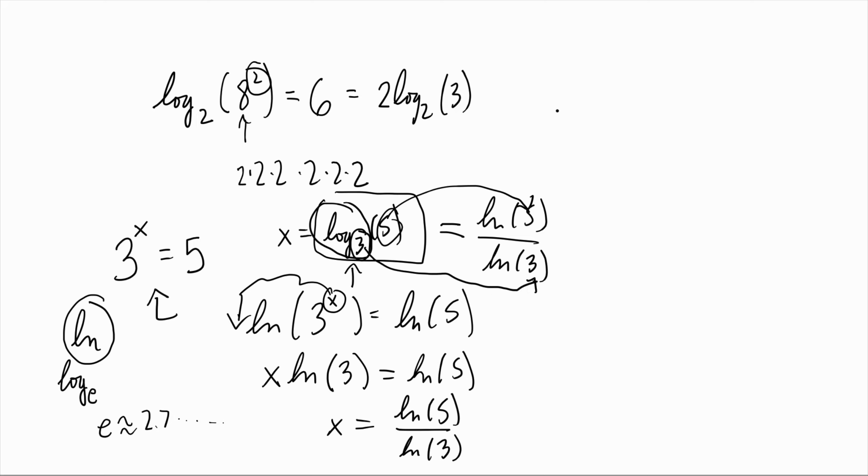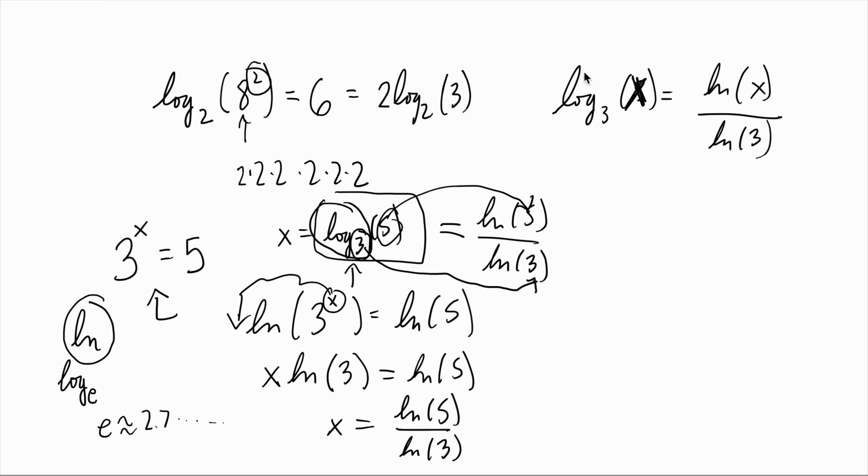This can become important, especially when we have something like, what if we have log base 3 of x, not 5, but just something like x? How can we rewrite that in terms of ln? Well, simply we just replace the log base 3 with ln itself, ln of x, but the trade-off is we have to divide by a constant. What constant do we divide by? We're going to divide by the ln of 3.